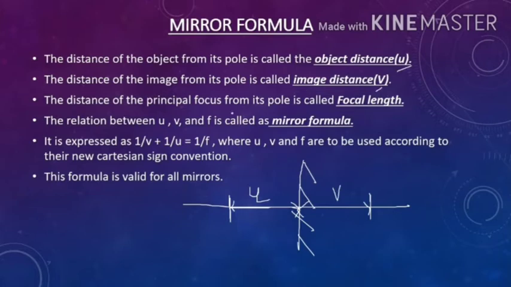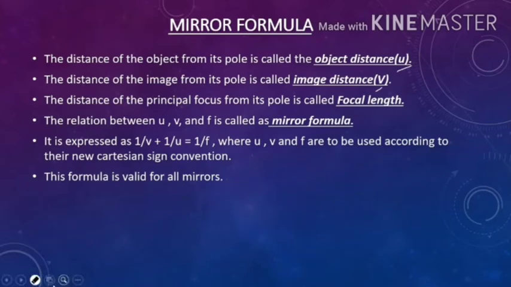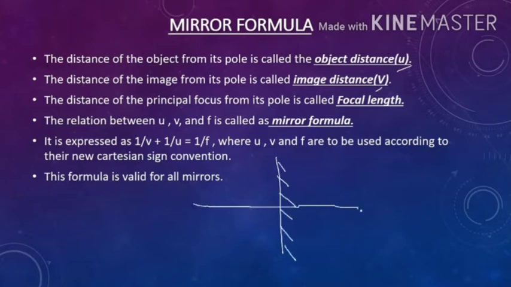The distance of the principal focus from its pole is called focal length. So let me erase first. This is the mirror, and this is the principal focus, and this is P, that is the pole.